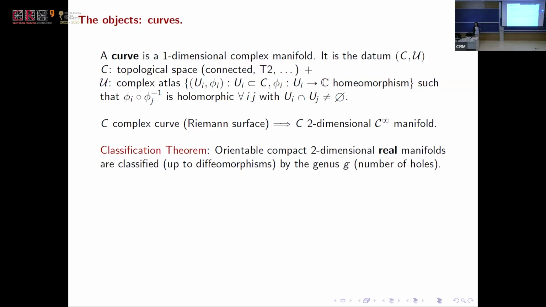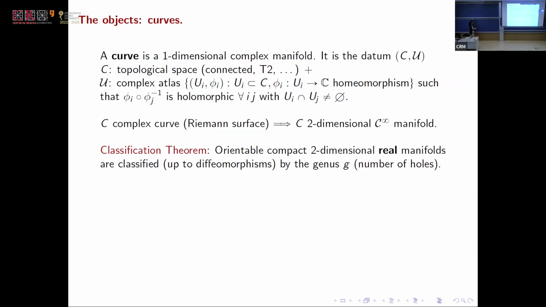Compact complex curves are usually called Riemann surfaces, and they are classified by the genus, the number of holes. When we speak about a complex curve, we have in mind the sphere, which is genus g equal to 0. We have the torus, the standard torus, which corresponds to genus g equal to 1. And then we have a connected sum of g tori.